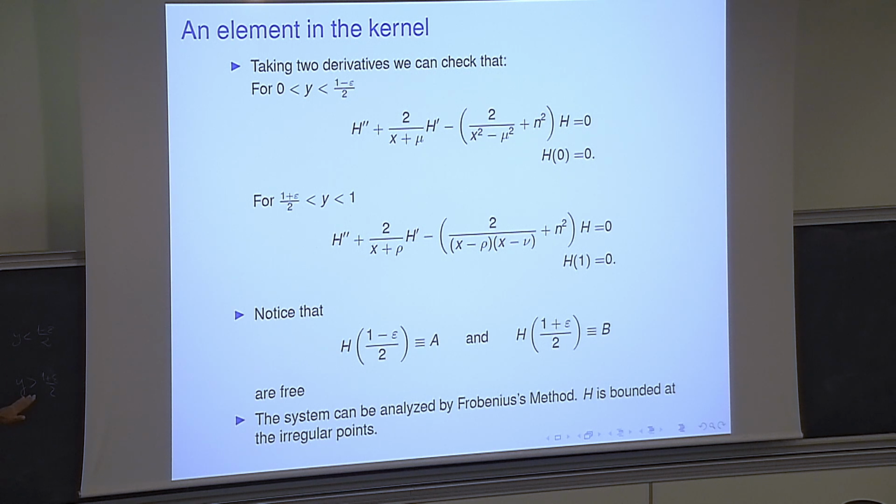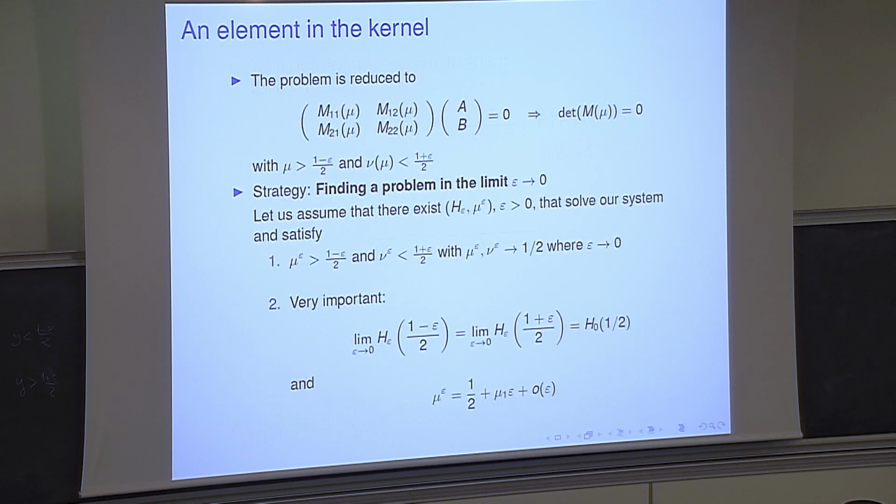You plug it into the integro-differential equation, and what you get is a problem like this: a matrix that depends on mu, acting on these two values, A and B, equal to 0. And then if you want to find a non-trivial solution for your equation, you need the determinant of this matrix that depends on mu to be equal to 0. And this is the equation that we have to solve.